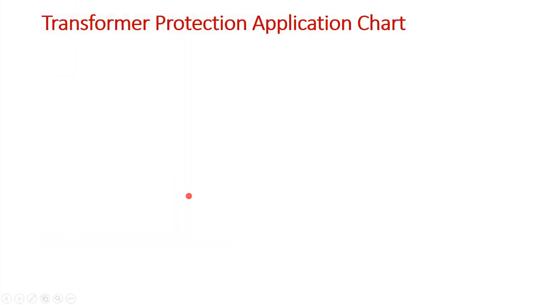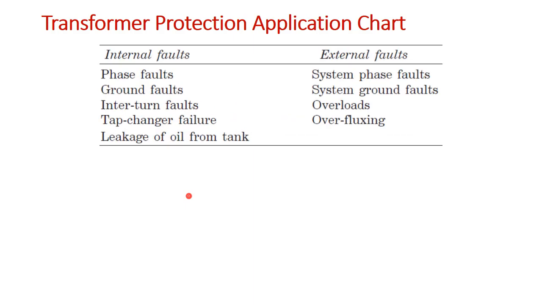Then let us see the transformer protection application chart: for what type of fault, what type of protection scheme we should use. If we categorize the faults in a transformer, they are of two types. One is internal faults, the other is external faults.